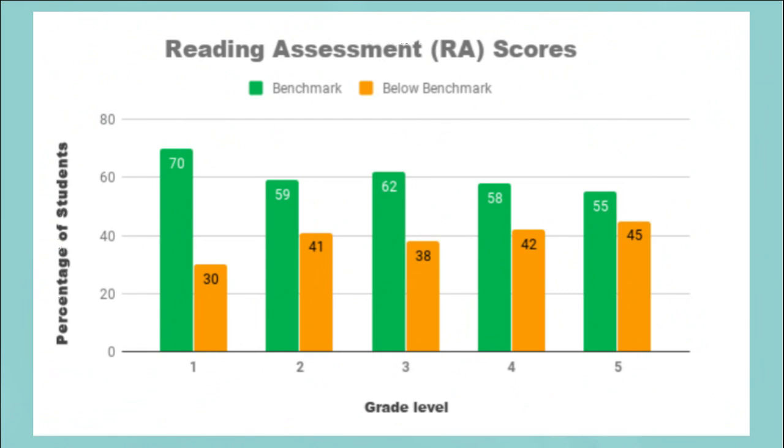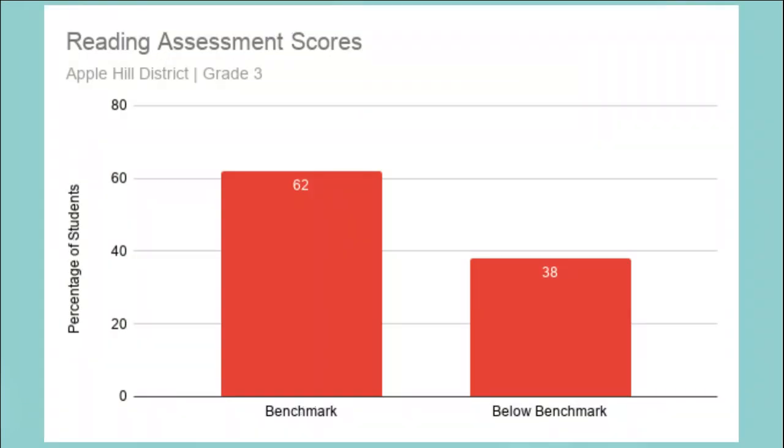As you can see, 3rd grade has 62% of students reaching benchmark in these areas, which is slightly above all other grade levels aside from 1st grade, leaving 38% of students still below benchmark.